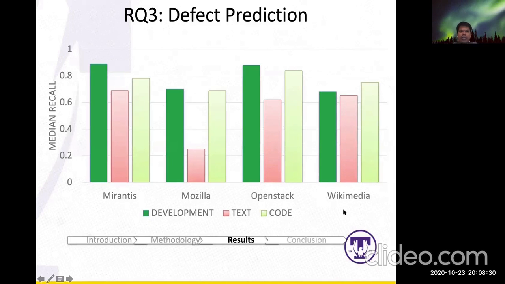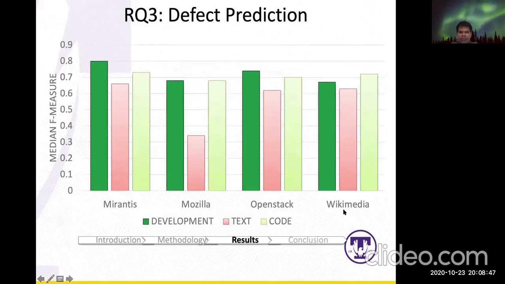And similarly for another measure, namely recall, we see that the prediction performance using development activity metrics is overall better for 3 data sets, but not for the Wikimedia data set.